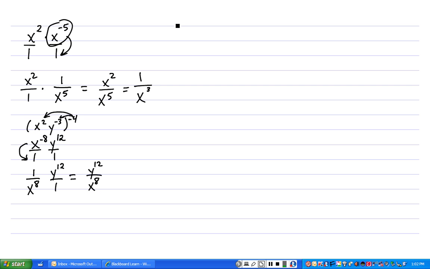Let's look at another one. Let's say we have one like 3 x squared y to the negative 4th times 4 x to the negative 3rd y.